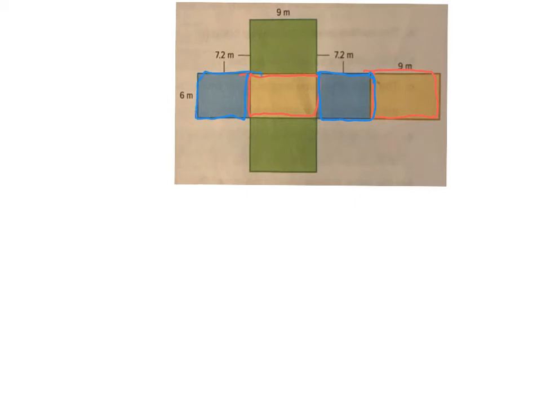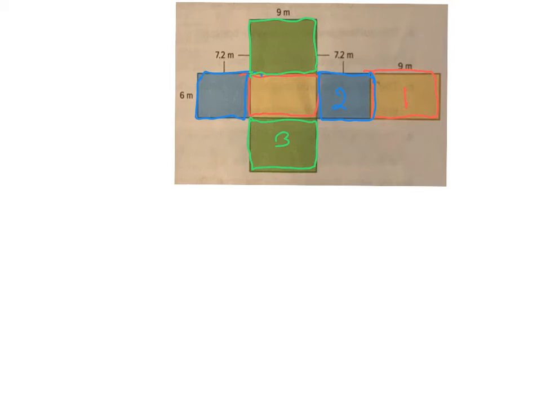And then this green is going to be the opposite of this green. So really, we just have to find the surface area of this one and times it by 2. Then we have to find the surface area of this one, times it by 2. Then we have to find the surface area of this one and times it by 2. Then you add them all, and then you have the surface area. It's kind of like composite figures, if you remember that.